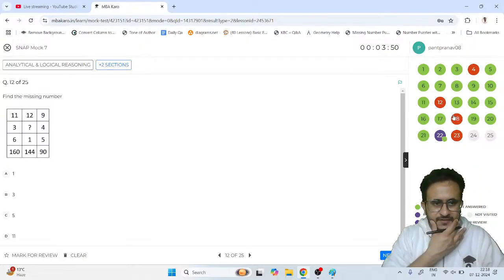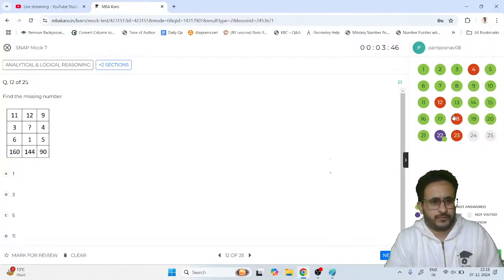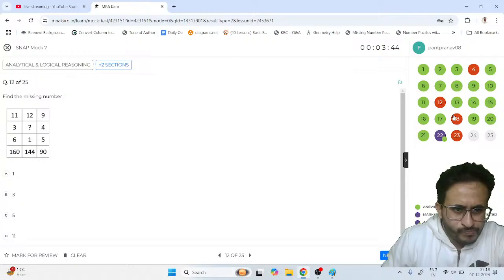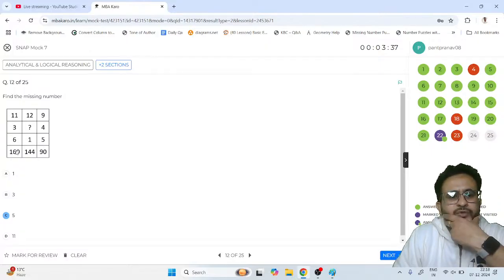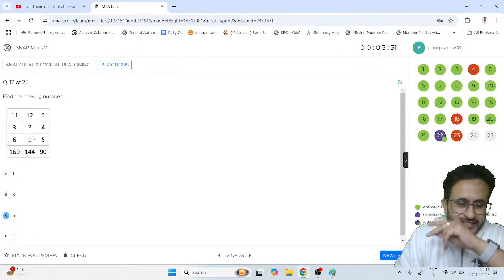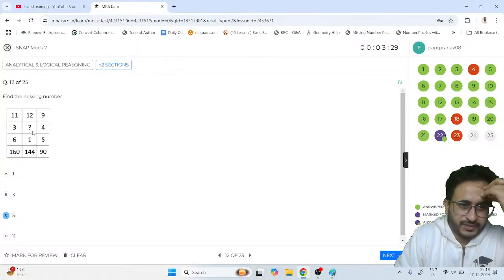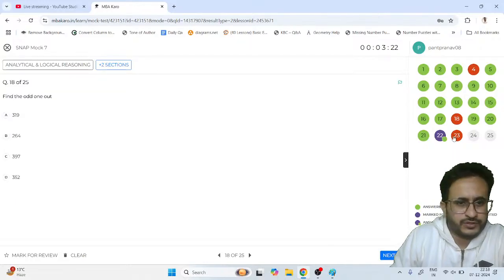This thing we were unable to get the logic, so we'll just skip it. I'll mark something. Maybe this was 20 into 8, and this was 18 into 5. So I'm going with some number in between, that is 6. So 12 into 11 plus 1. Some questions I mark as fluke also.